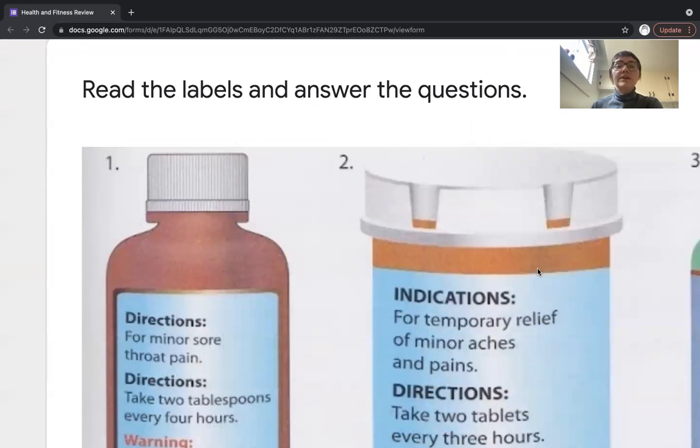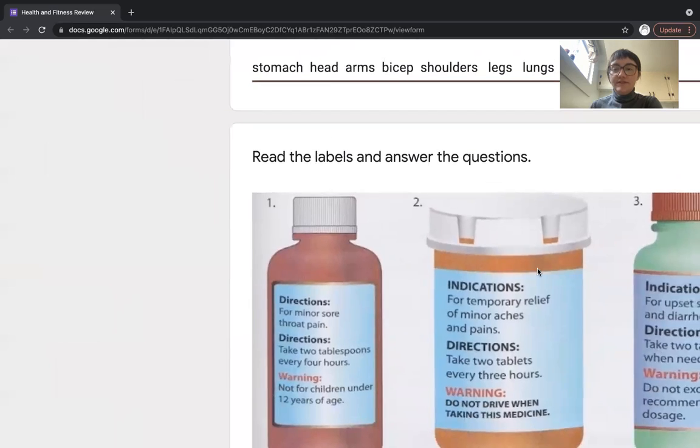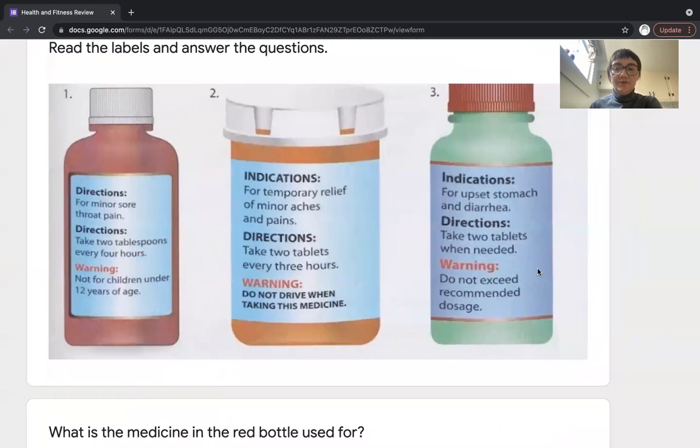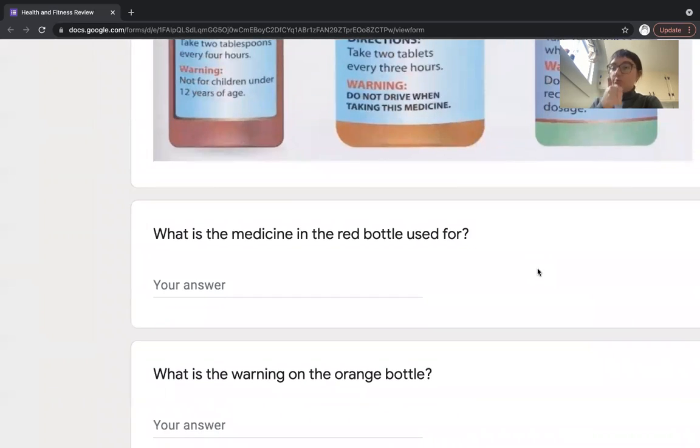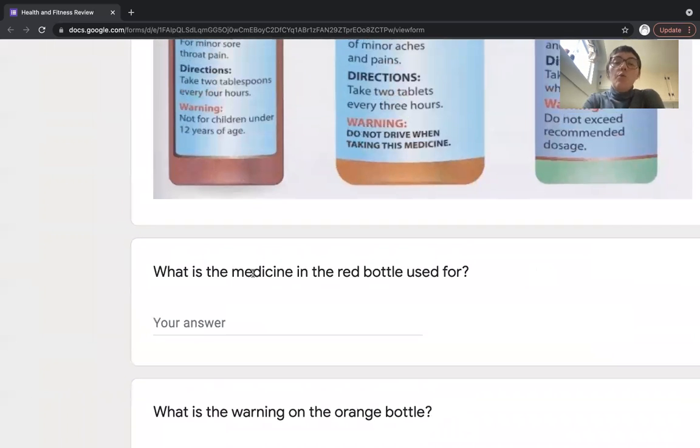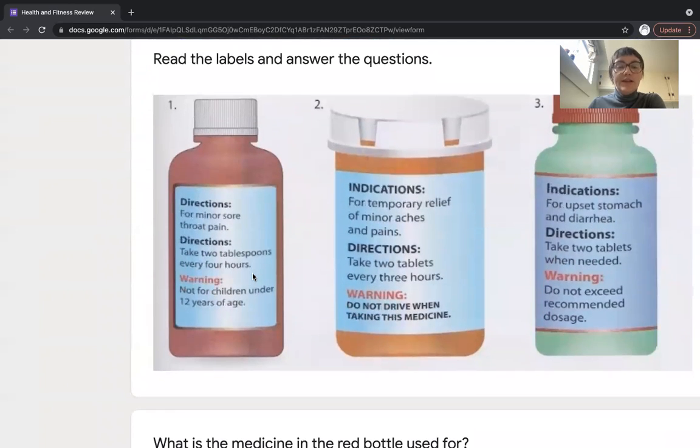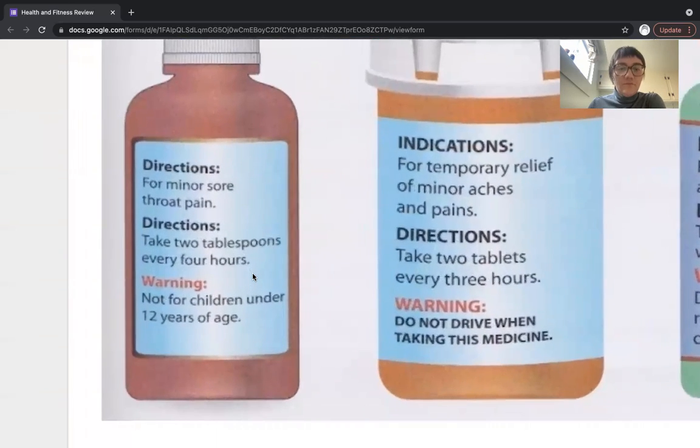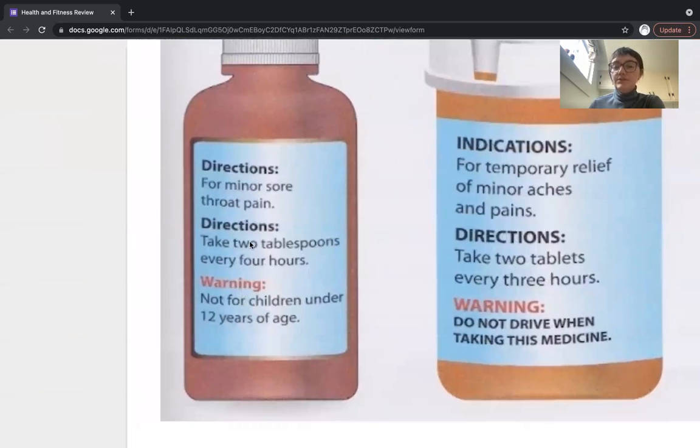Okay, next part said read the labels and answer the questions. Right, so we had these 3 bottles, and you guys did really good at this, so good job. So the question is, what is the medicine in the red bottle used for? So we look at it, and it has 2 things. 1 says directions and 2 says directions, but if they're both directions, how do we know what it's used for?